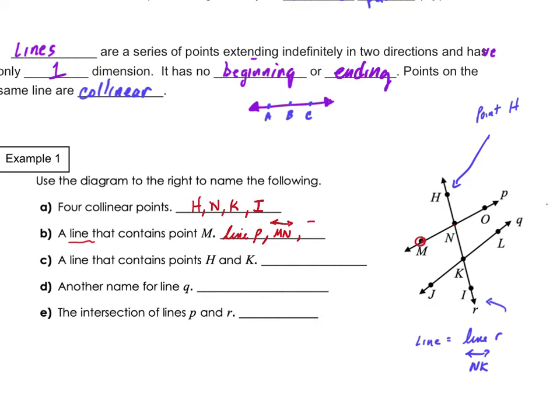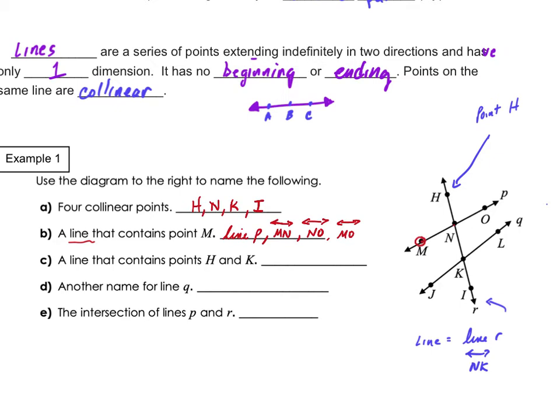I could even say that is line NO, because that line extends forever in both directions and it goes through point O. So there are multiple ways to identify this, and I could also identify that as line MO. And then, of course, since it goes forever and ever in both directions, it could be line OM or line ON or line MN. The order doesn't matter when it comes to that.